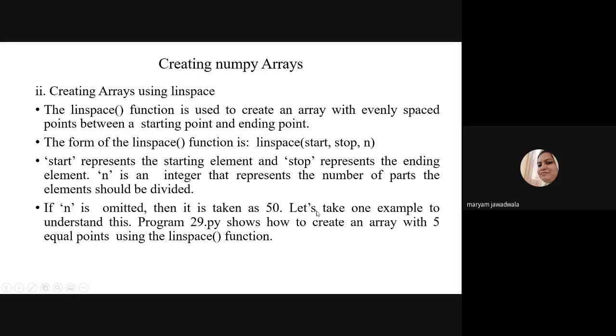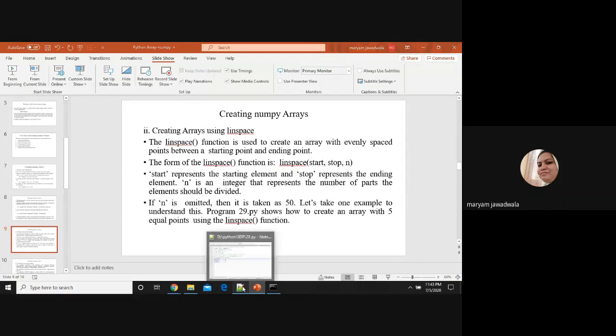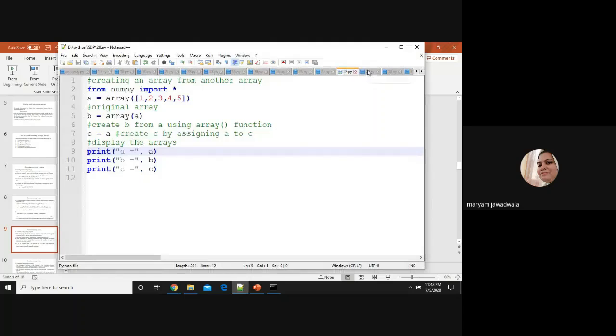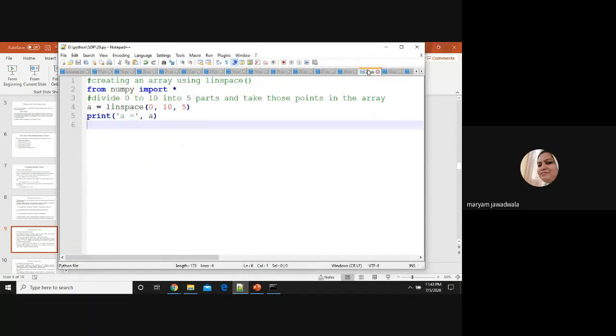Okay, so let's take one example to understand this. The program 29.py is there, using the linspace function. So just open the 29.py program here. Here I am using the linspace function.